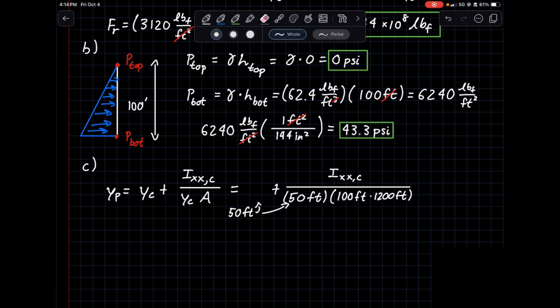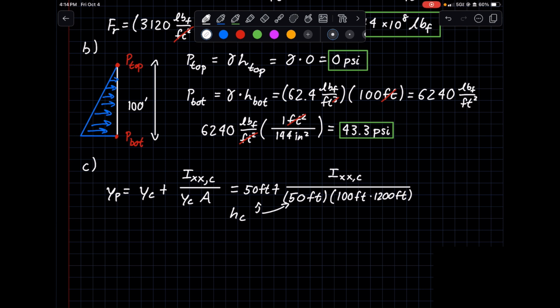So what is I sub xx comma c? How do we find that, I guess, is the best question. And that's something I messed up a lot on before, but I finally have gotten it down. It varies per shape. So hopefully on an exam you will not have to derive this. On my exams, I was given a few different ones.